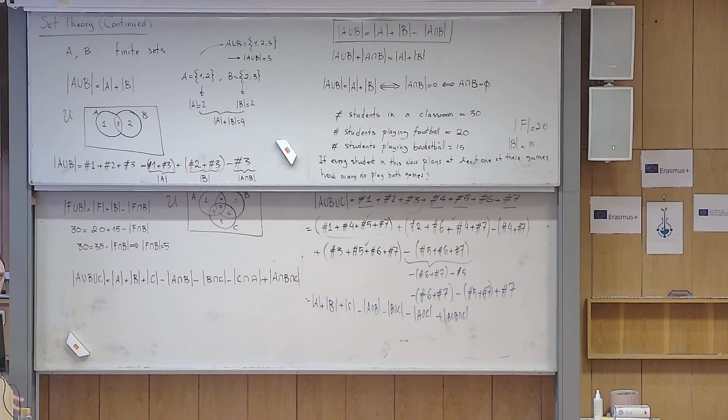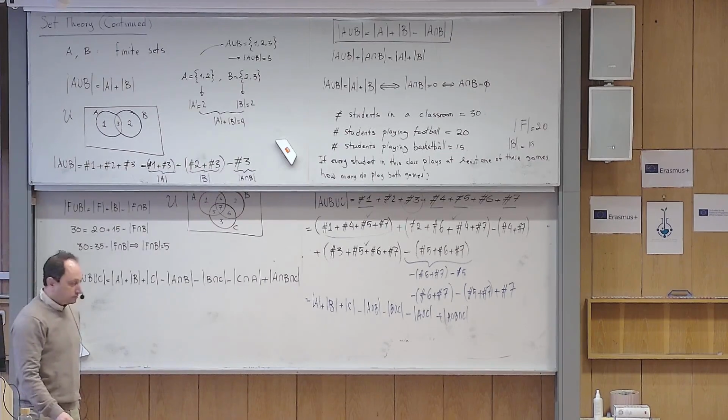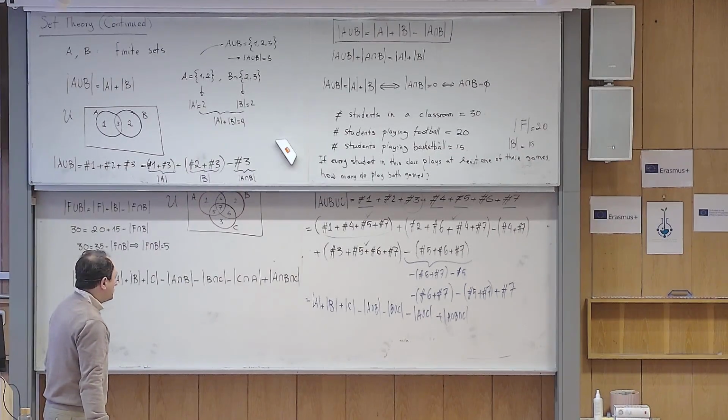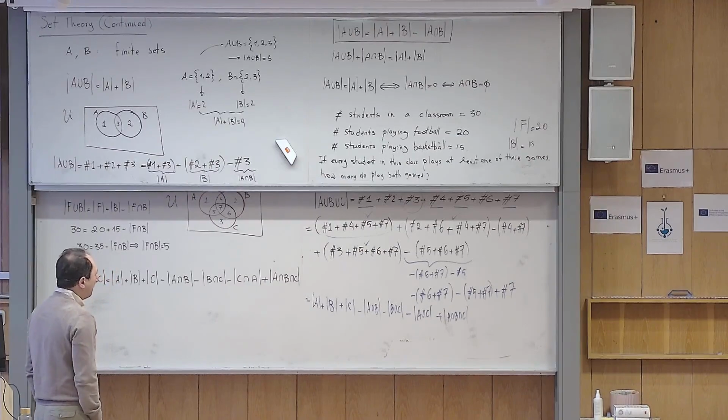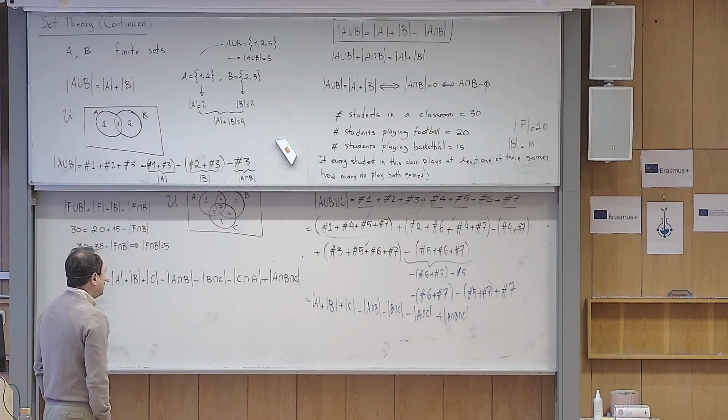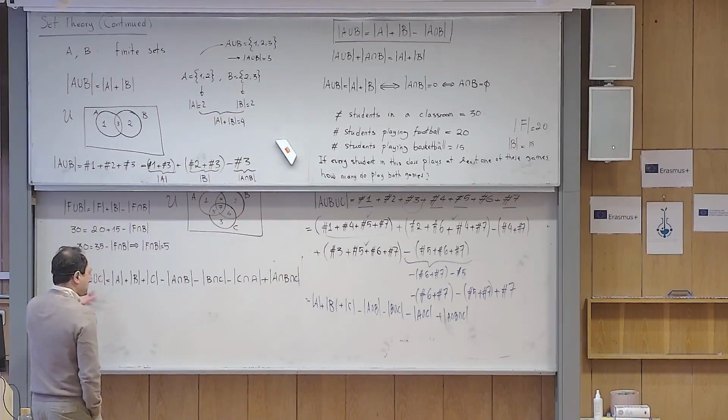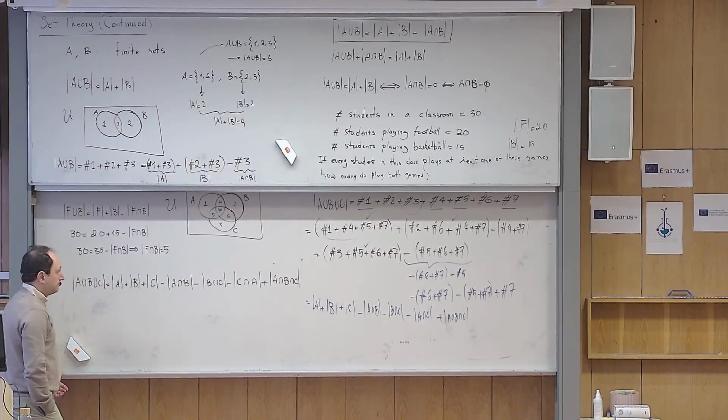It seems to be true. But this is, of course, not a rigorous proof. Yeah, we can also prove it more rigorously. Okay, so let us just do that as well.